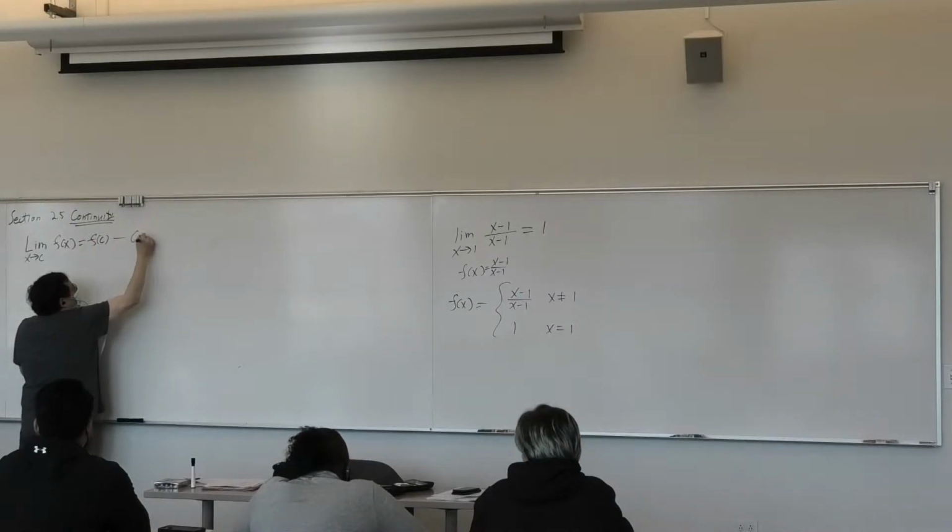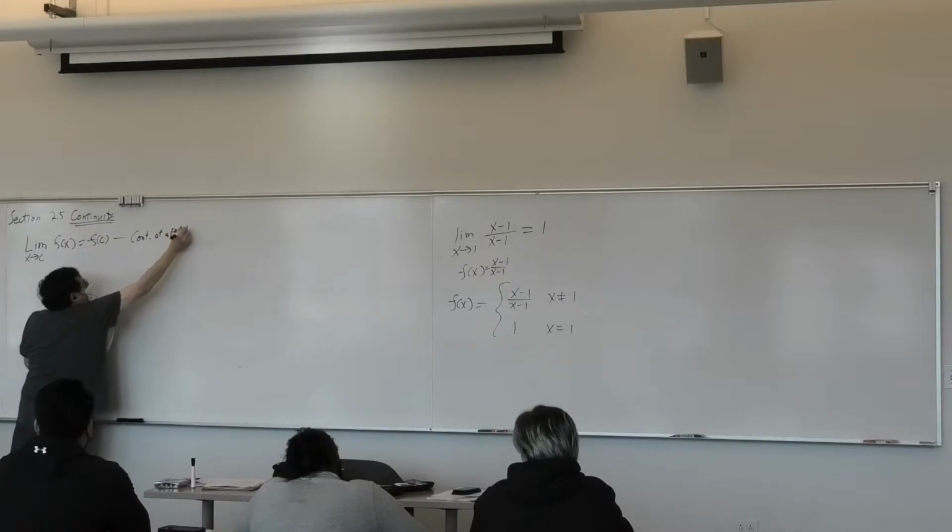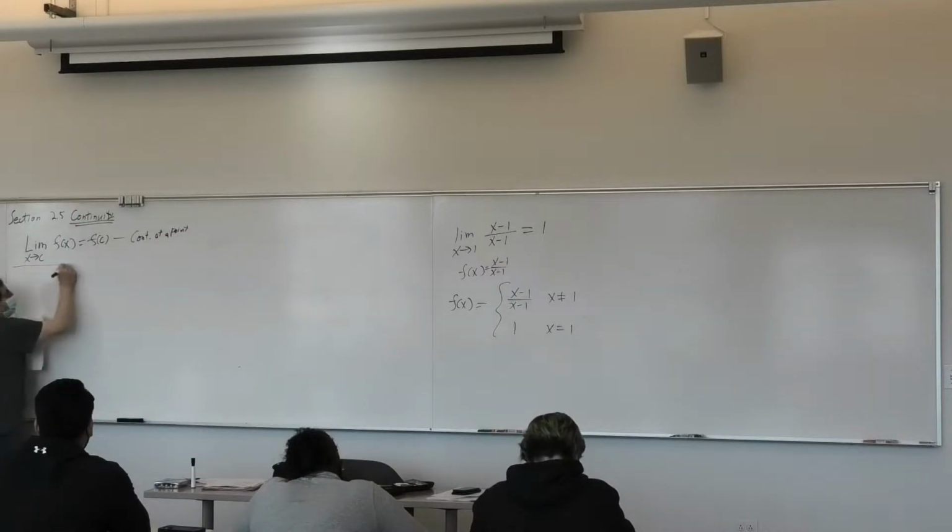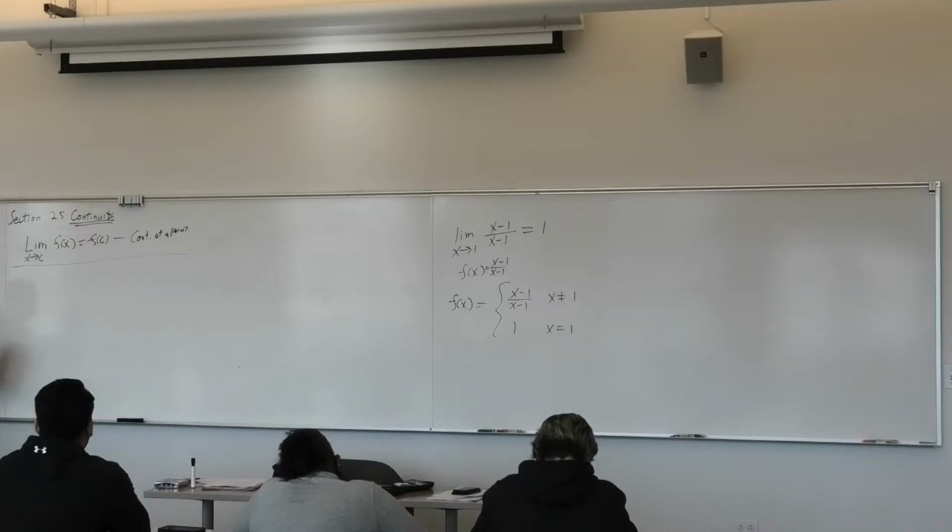Definition of continuity at a point. To fulfill this, we need three things.